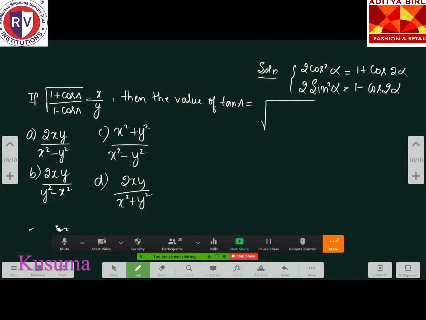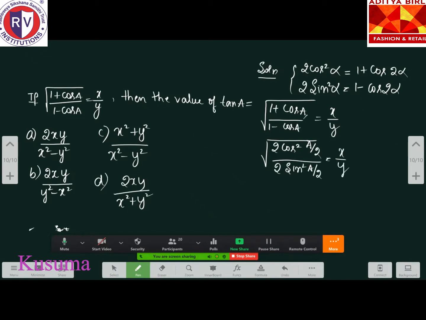Under root 1 plus cos A divided by 1 minus cos A is equal to x by y can be written as square root of 2 cos square A by 2 divided by 2 sin square A by 2, which will be equal to x by y.